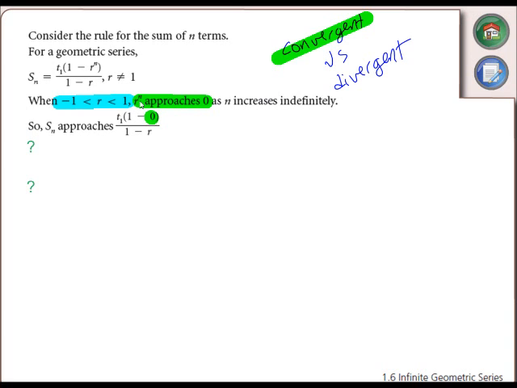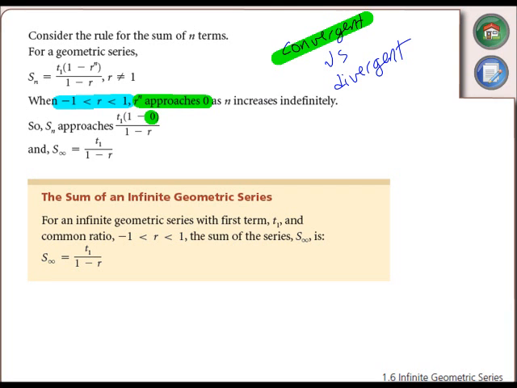That's just multiplying by 1. So then we got t1 over 1 minus r, which sounds like an awfully nice formula to be able to use. The sum as it goes to infinity equals T1 over 1 minus R. That's on your formula sheet.